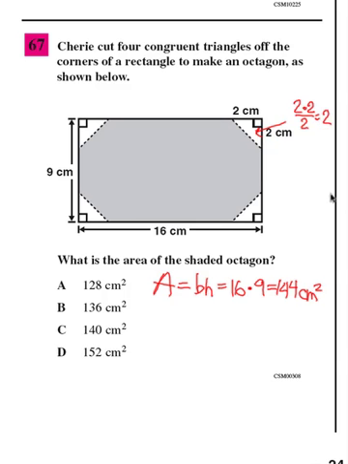So we have 2, 4, 6, 8 centimeters squared. 144 centimeters squared minus 8 centimeters squared, the answer is going to be 136 centimeters squared. B.